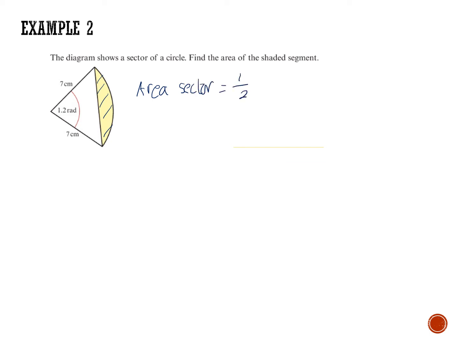That's half r squared theta. Theta is in radians, so that's a half times 7 squared times 1.2. I can stick that in my calculator if I want, and I get 29.4. Then I do the area of the triangle.